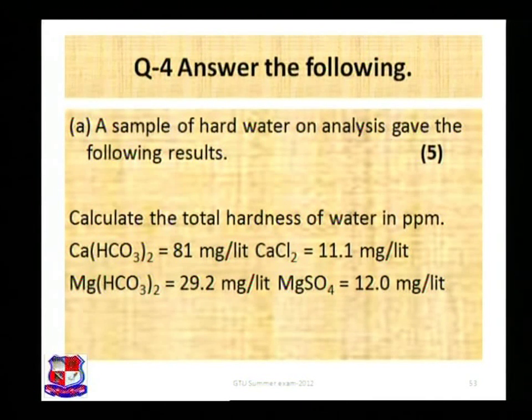This is the analysis result. Then magnesium bicarbonate is 29.2 milligram per liter, calcium chloride 11.1 milligram per liter, magnesium sulfate 12 milligram per liter. This is what one has to remember. Let us proceed ahead to the solution of this question.